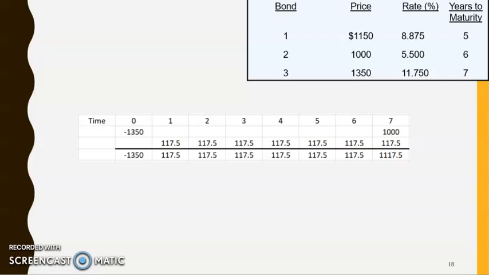Since the par value is $1,000, and the interest rate is 0.11750, we get the interest as 117.5 for 7 years, because the years to maturity is 7 years, and finally at the end of year 7 you also get the par value, so it would be the cash flow for bond 3.